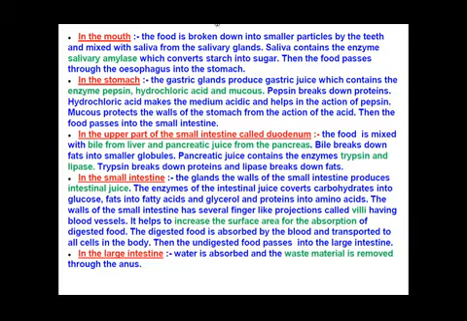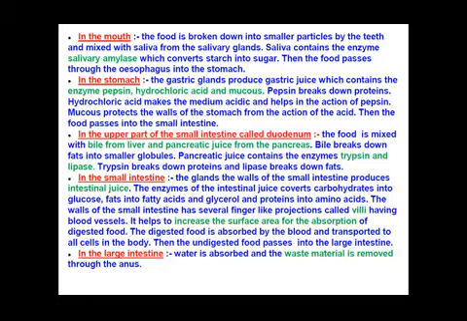So the main thing happening in the mouth is that starch is converting into simple sugar by the action of the enzyme salivary amylase, which is present in saliva. So the first component of the food which starts digesting in our mouth is carbohydrate.